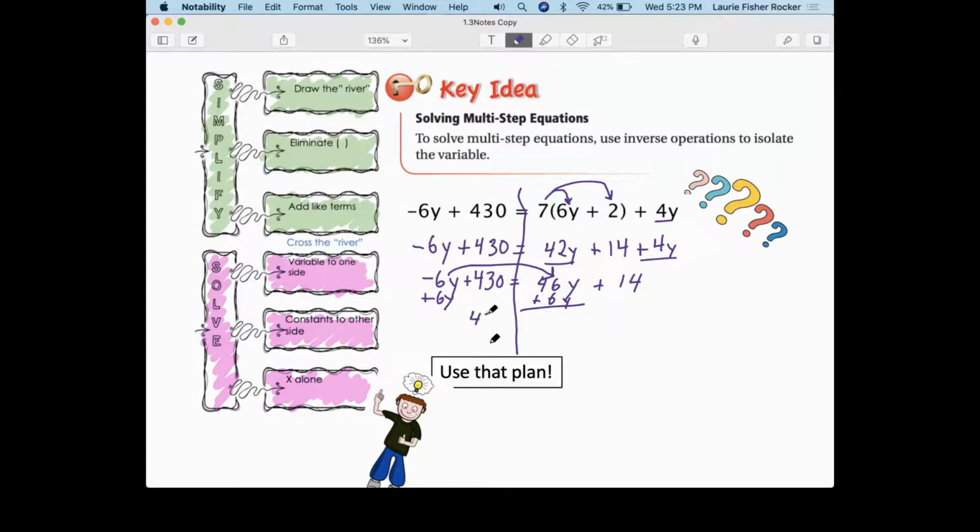And that makes me happy. I like positive numbers in front of my y. So that's going to be 52y. I'm seeing a big number here. Now, because I went to the right with the variable, I'm going to go to the left with the constant.